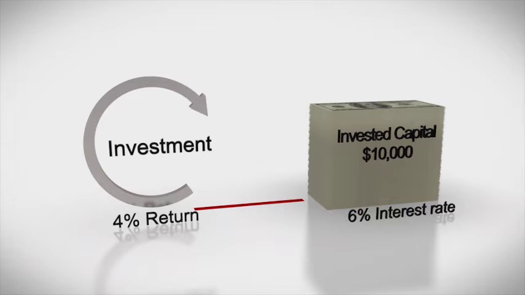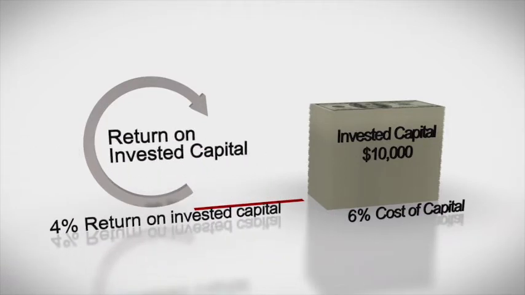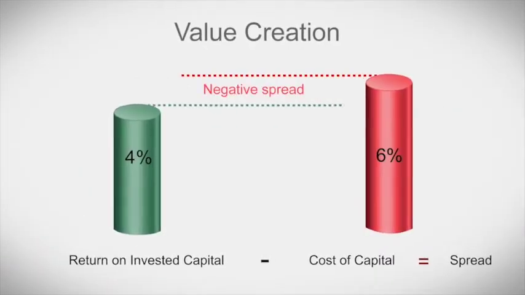The rate of return that we're charged by the bank is called the cost of the capital. That represents the rate of return we have to give on an annualized basis to investors to compensate them for the risk that we're taking. The 4%, which is what we make on the investment, is called the return on invested capital or the return on the capital employed. The difference between the two is called spread.